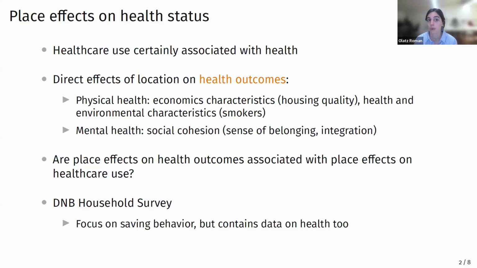So now the question is whether the fact that health is correlated with healthcare use is going to be problematic, or something to think about a bit more deeply, if we believe that place effects on health outcomes could be correlated with place effects on healthcare use. That is something that would be nice to think a little bit more about and maybe discuss a little bit in the paper.